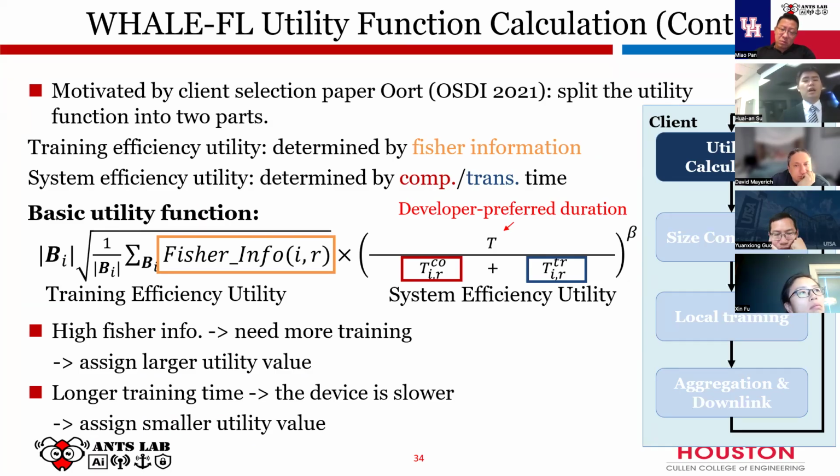On the other hand, if it's a longer training time, for example these red and blue ones, it means the overall device is slower. That means we will want to assign a smaller utility value. So that's why the Fisher information is proportional to the utility function, while the training time is the opposite.